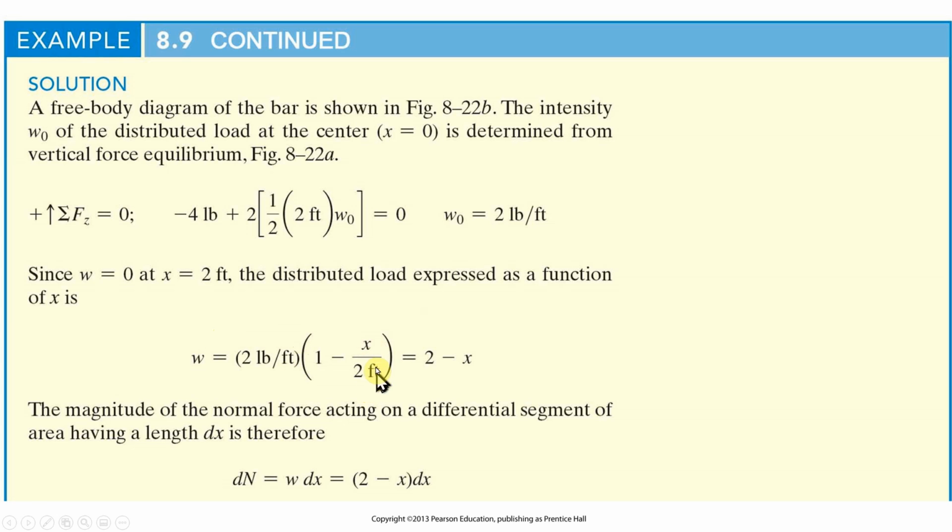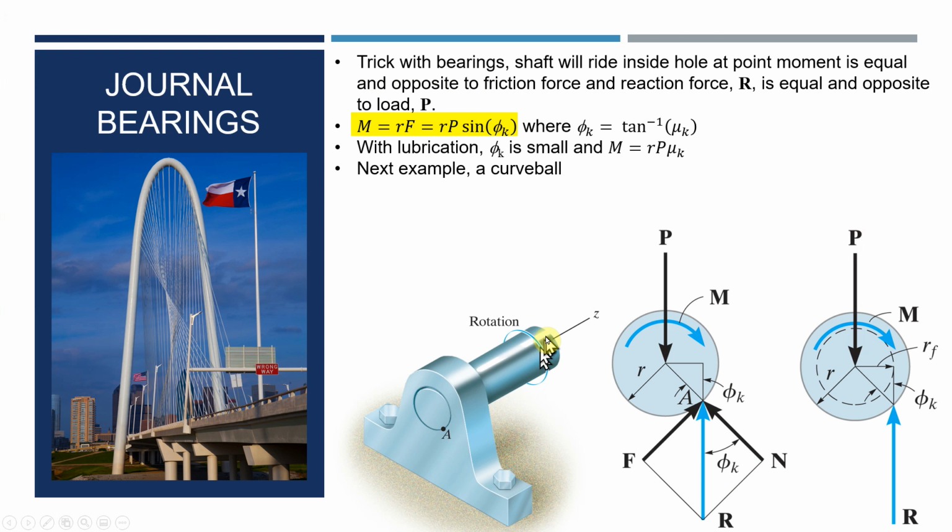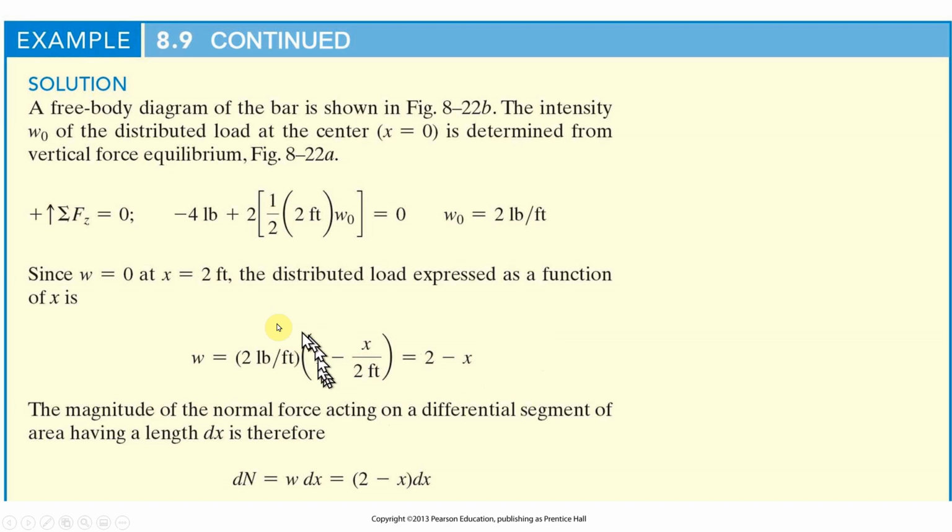That's the distance along the bar, the radial distance. And finally, we get 2 minus x. And remember, don't forget the units. The units are going to be pounds per foot. Okay.